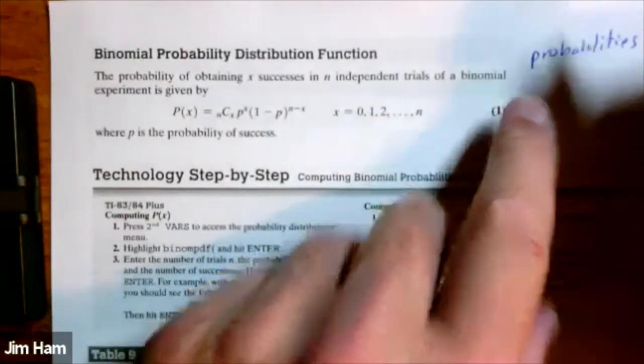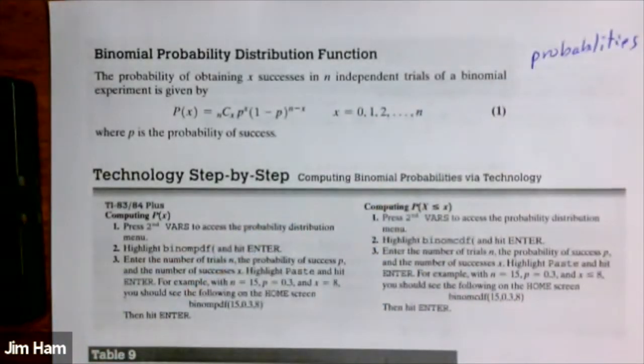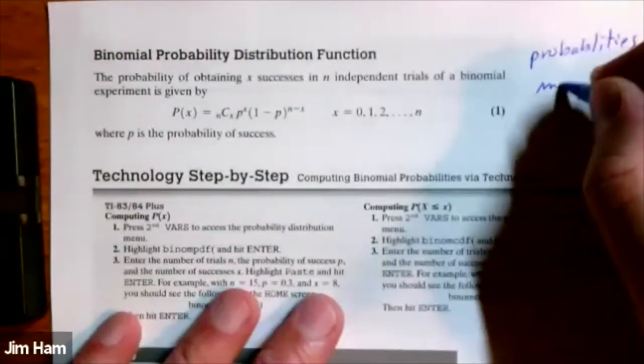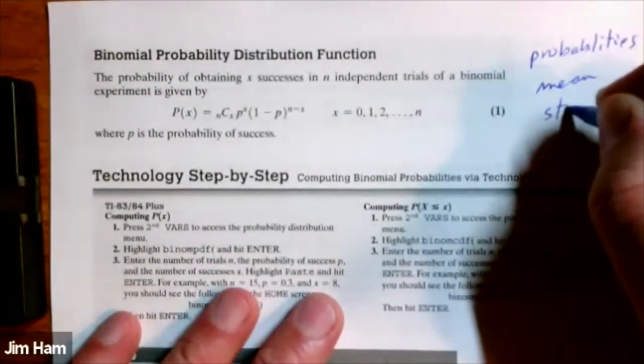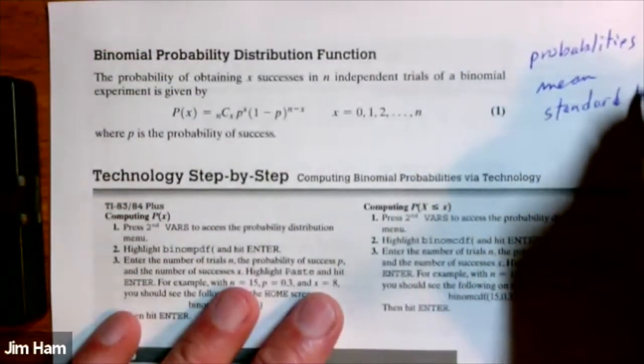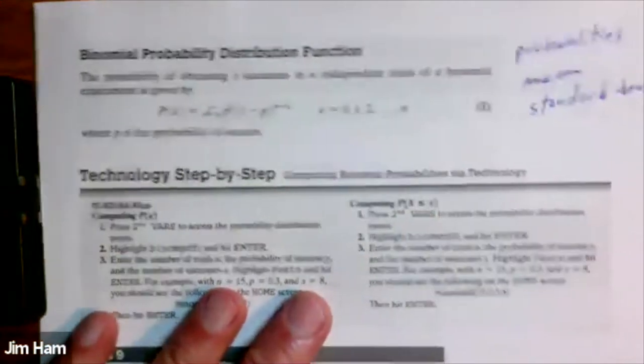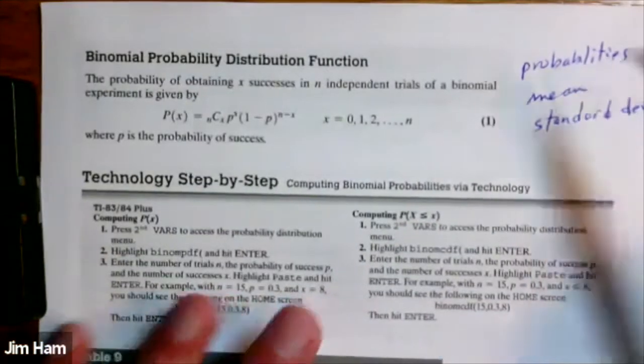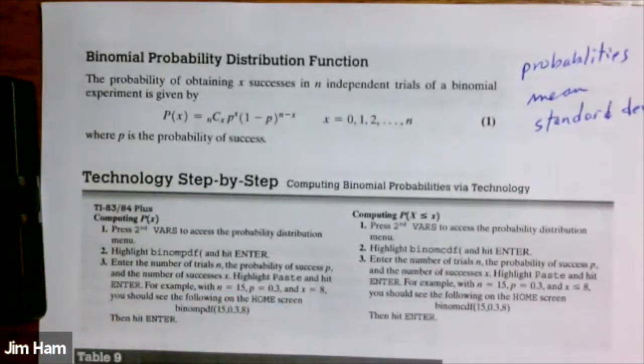In our previous section, those probabilities were given to us, itemized, listed in a table. So we didn't have to do any calculation. We just had to interpret a table in order to calculate some probabilities. We're also looking for the mean and the standard deviation. Just like in our previous section, we were calculating mean, standard deviation, and several probabilities. We're going to do the same thing today. It's just in a different setting, and the formulas are slightly different.